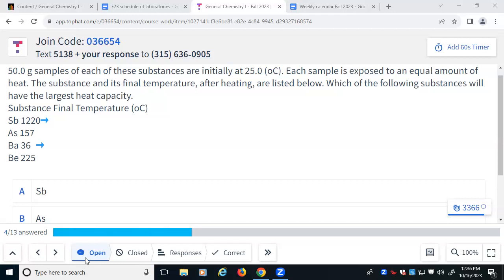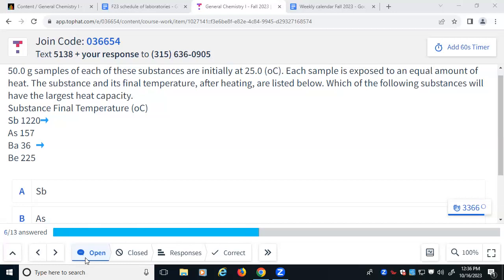So what it comes down to is, again, what is the idea of heat capacity? Heat capacity is how much energy it takes to raise that substance's temperature by a degree. Since we have equal amounts of all of these substances and they all started in the same place, it comes down to which one changed the least in temperature, because the one that changed the least must have required the most energy to change temperature.